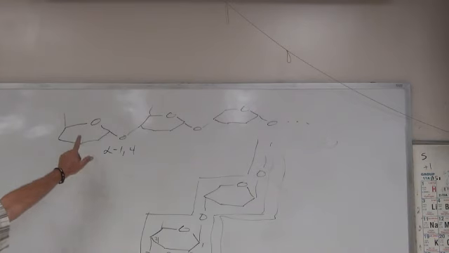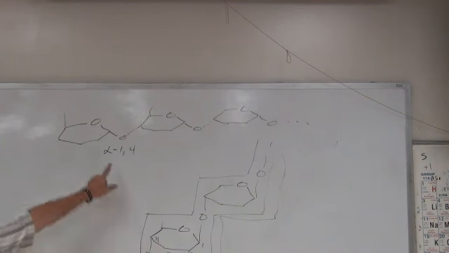Alpha 1,4, you don't see that. Again, we can't digest this because our enzymes don't recognize this beta 1,4 linkage. They can hydrolyze at alpha 1,4. Hydrolyze, remember, breaking. Okay? Question?